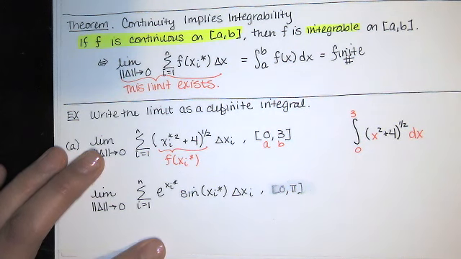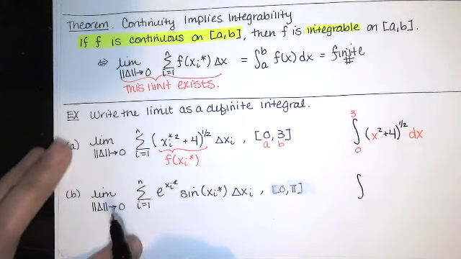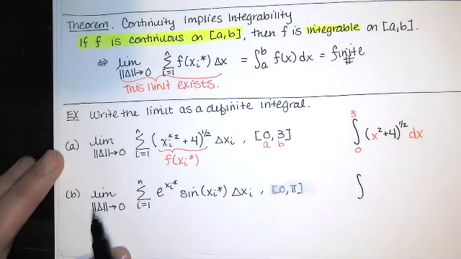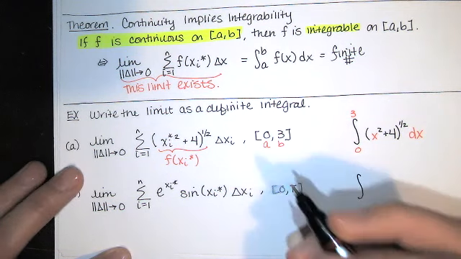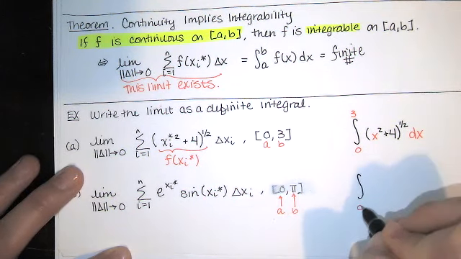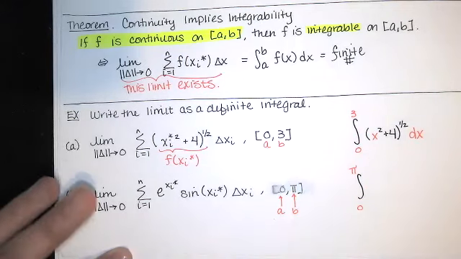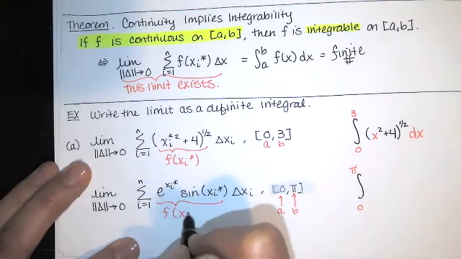Okay, this is similar. This represents a definite integral as well. I've got the limit as the norm of the partition approaches 0 of this on the interval from 0 to pi. a is 0, b is pi, so we're integrating from 0 to pi. And then this is f of x sub i star.